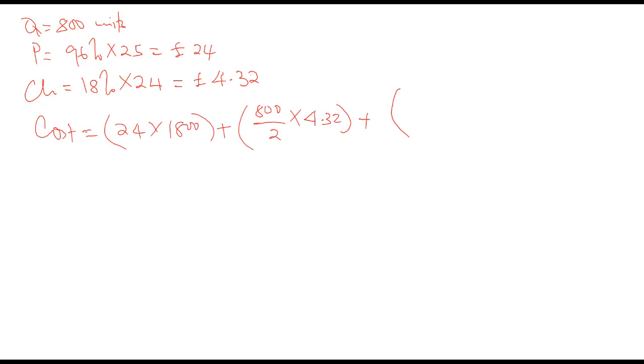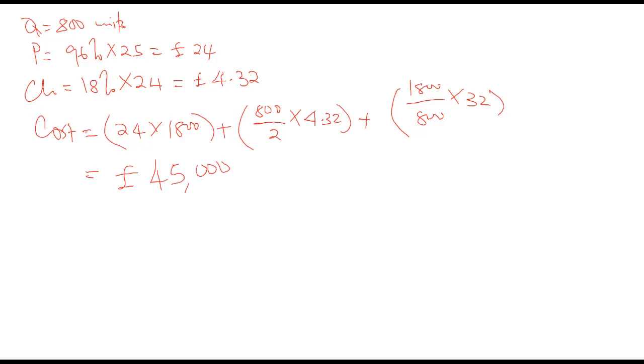But now you'll be making fewer orders per year: 1800 divided by 800 times the cost per order, £40. The cost we'll be incurring is $45,000, exactly, in case the Q was at 800.